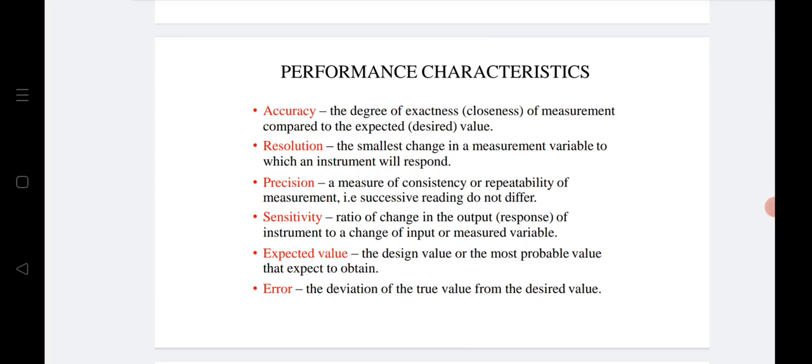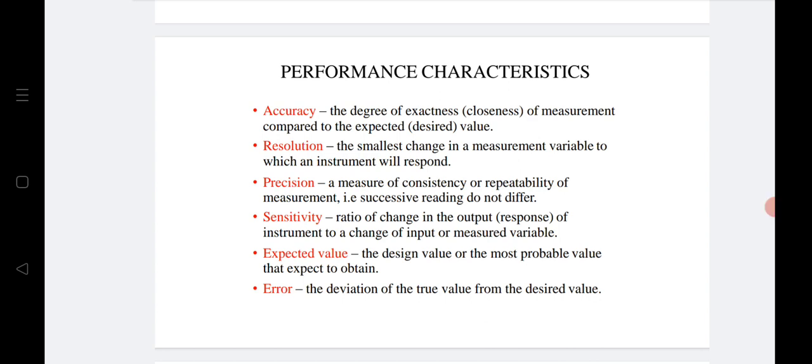The next one is precision. What do you mean by precision? A measure of consistency or repeatability of a measurement, that is, successive readings do not differ. So what are you going to do here? You will take successive readings.